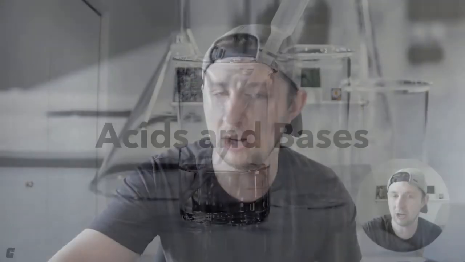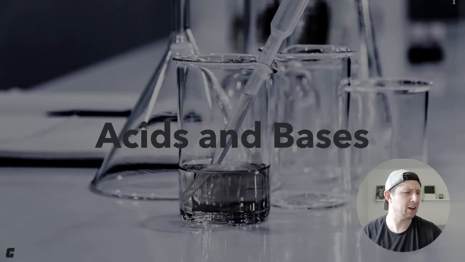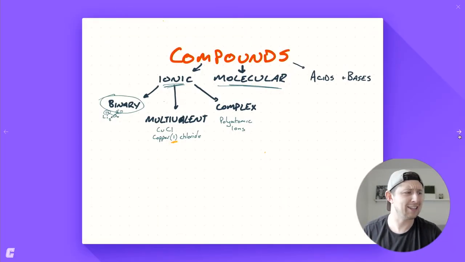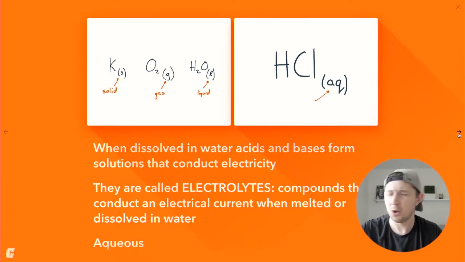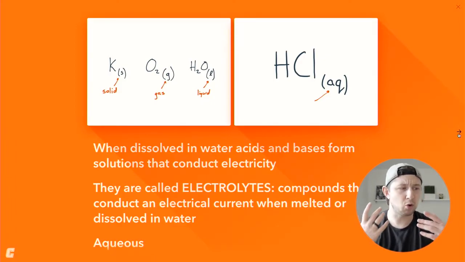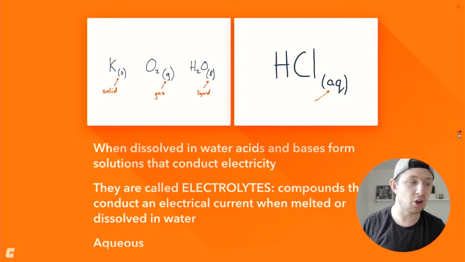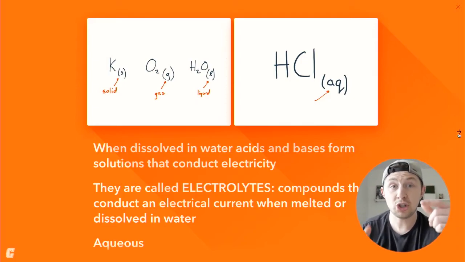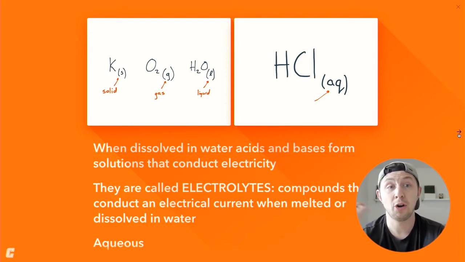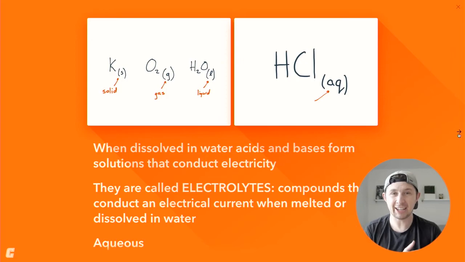I want to go here. Nice. All right. So, a quick review of acids and bases. We talked about how acids and bases were dissolved in water, always dissolved in water. And so those solutions that were created when we dissolved them in water formed what we called electrolytes, things that conducted electricity.